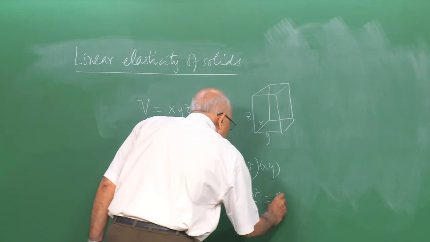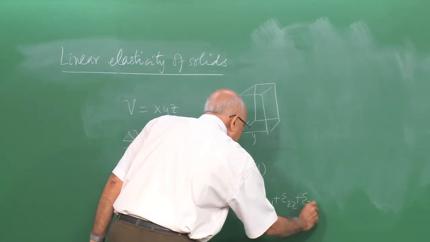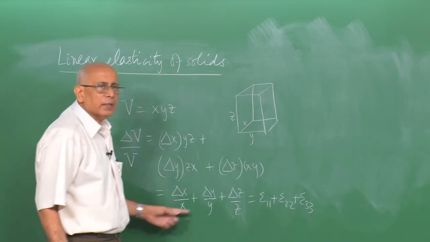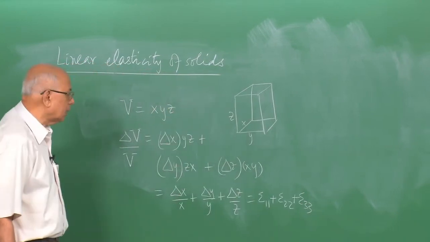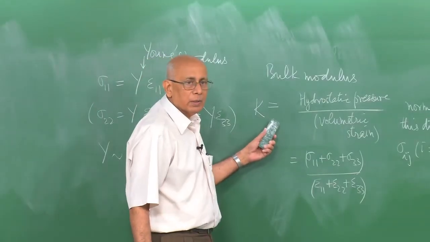But this is precisely what we've called epsilon 11 plus epsilon 22 plus epsilon 33. Strain in the x direction, y direction and z direction. So this is our definition of the bulk modulus here.